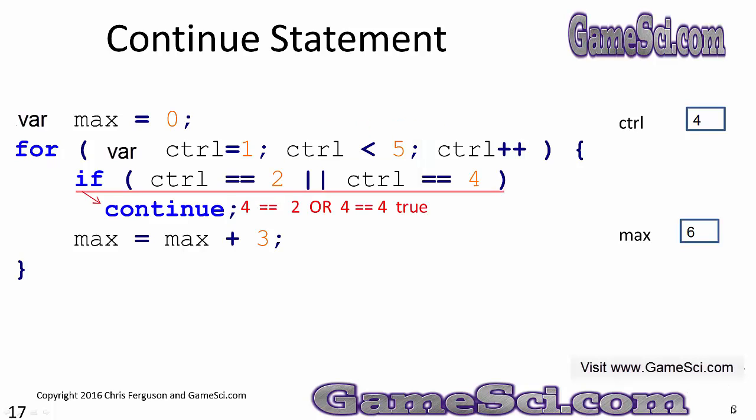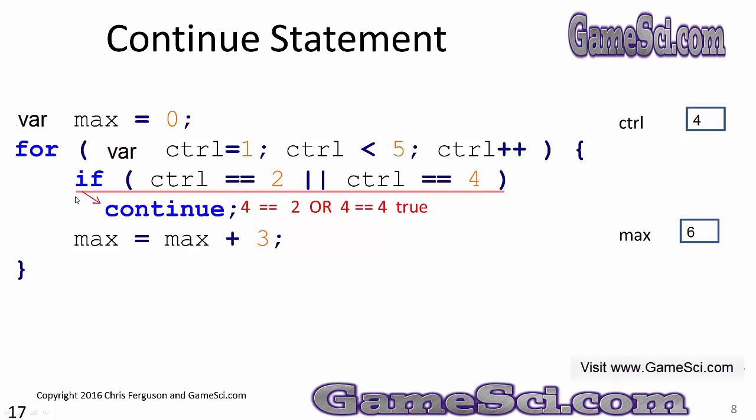The if is now different. 4 == 2 is a false statement. 4 == 4 is a true statement. The OR statement only needs one side to be true. Since this side is true, the overall result is true. So what we have here is a true statement.